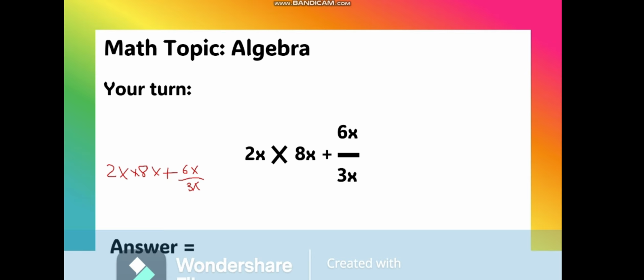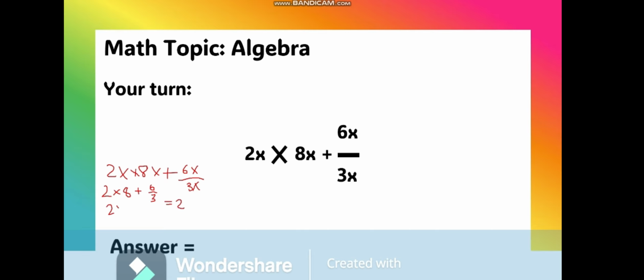So like any other equation, we ignore the letter. So that would be 2 times 8 plus 6 divided by 3. So first we'll solve division. 6 divided by 3 is 2.